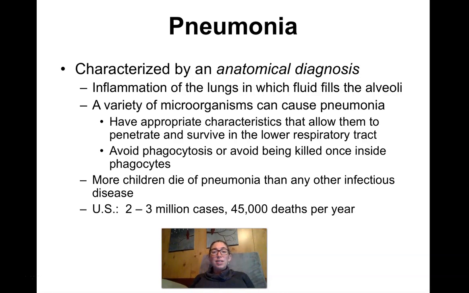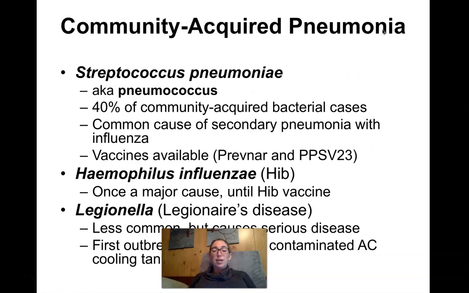And so that's really what is deadly in a lot of these viruses and bacteria of the respiratory tract, when they lead to pneumonia. In the US, if we don't count COVID patients right now, on average, we have 2 to 3 million cases of pneumonia a year and 45,000 deaths per year from pneumonia.